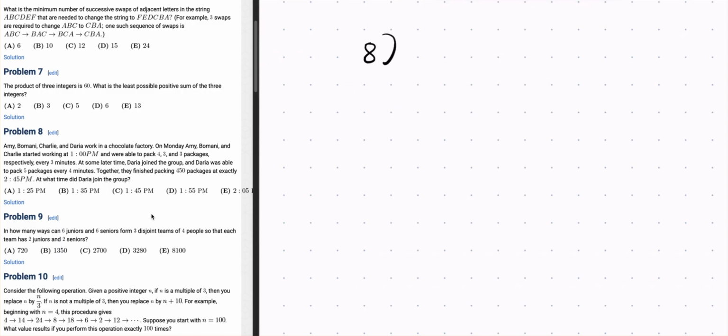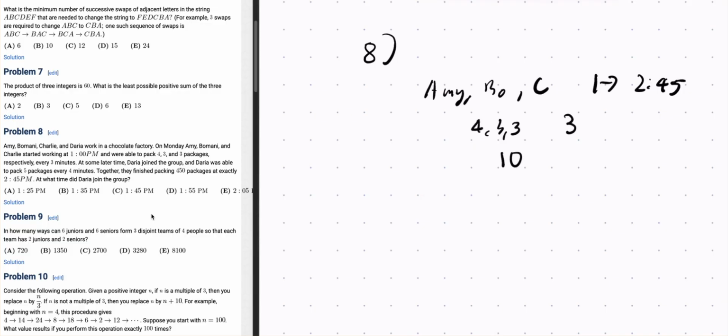Okay, so let's first find the amount of packages Amy, Bomani, and Charlie could do from 1 to 2:45. Since they were able to package 4, 3, and 3 packages respectively every 3 minutes, in total they were able to do 10 packages every 3 minutes. From 1 to 2:45, that's going to give us 1 hour and 45 minutes, which is 105 minutes.